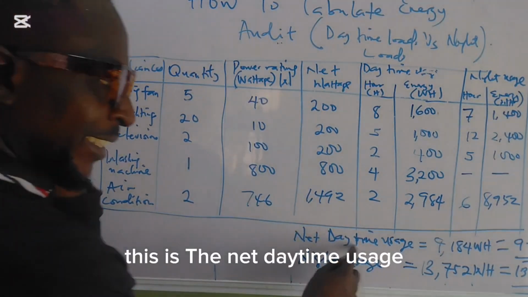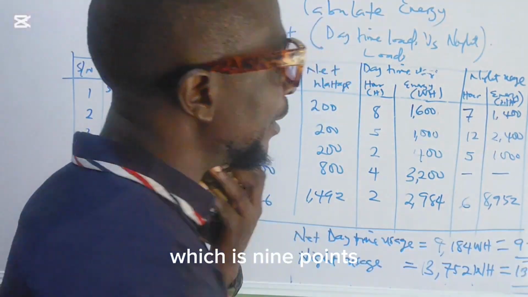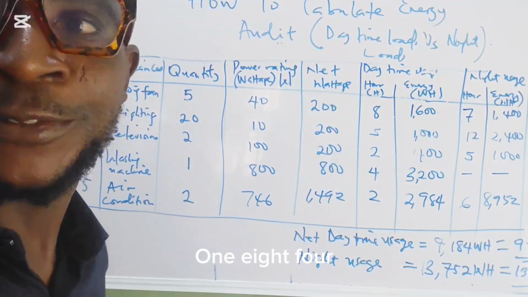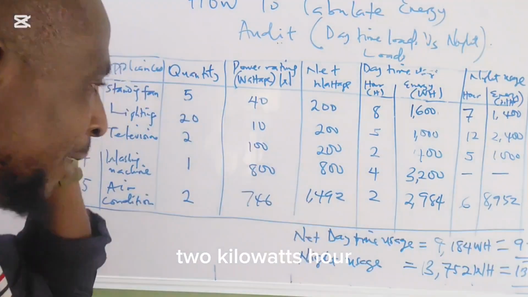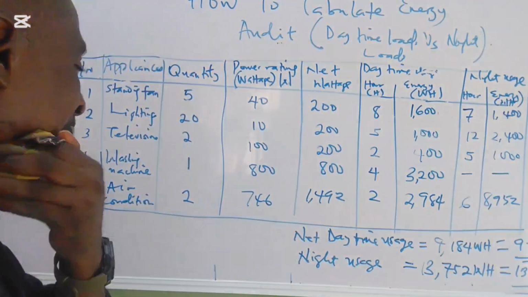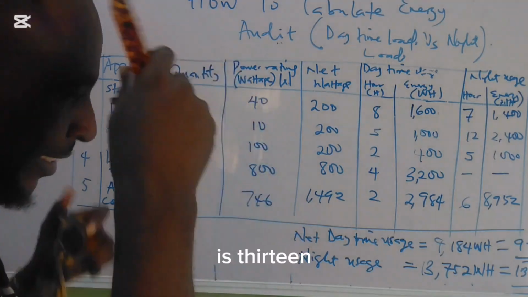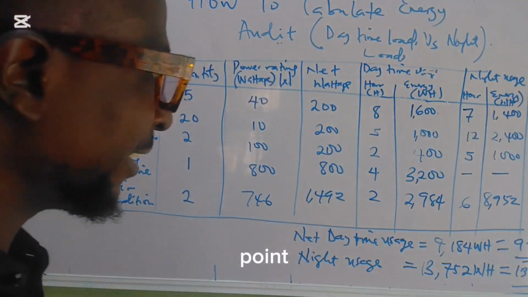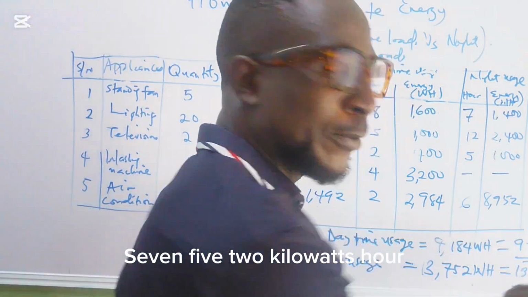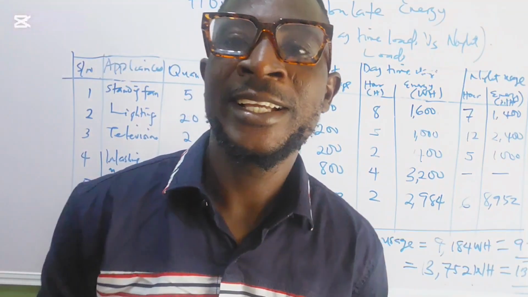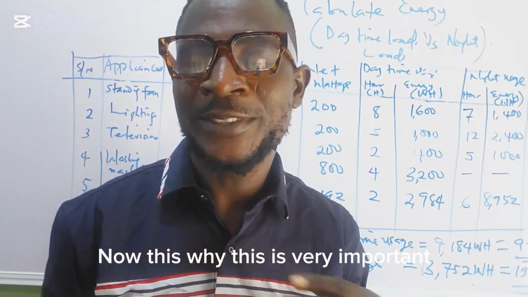This is the net daytime usage, which is 9.184 kilowatt hour. Then the night usage is 13.752 kilowatt hour.